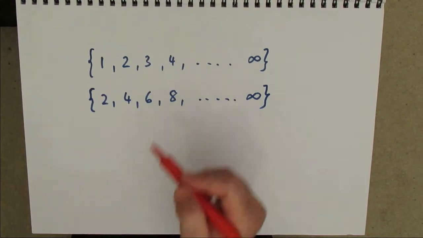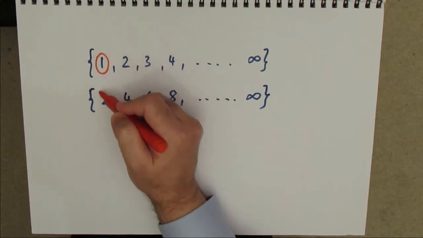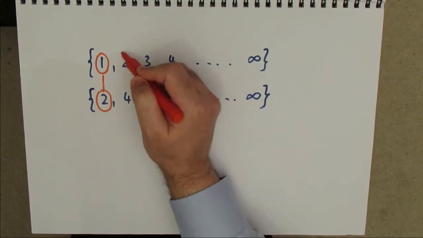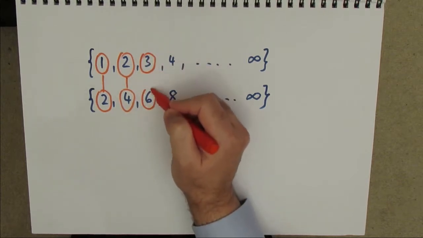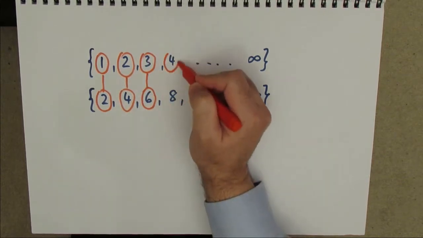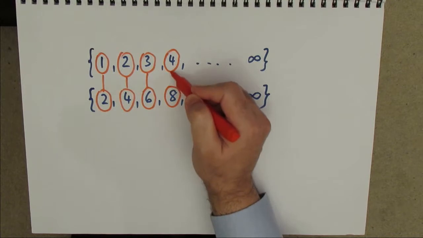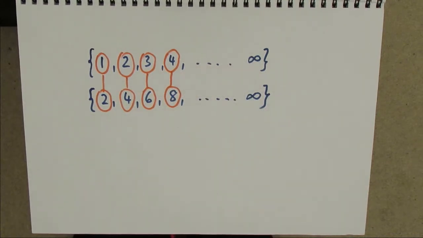Now I compare the elements. Since I compare the elements up, the two sets must be the same size. If you feel uncomfortable with that idea, then, well, clearly you don't understand infinity yet.